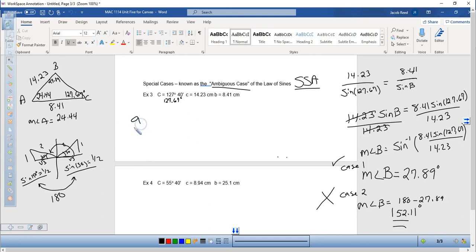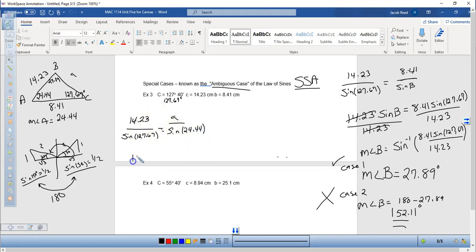We need A. So that one, I always start with what we know. So 14.23 over sine of 127.67 is this little side A here over sine of that new angle 24.44.